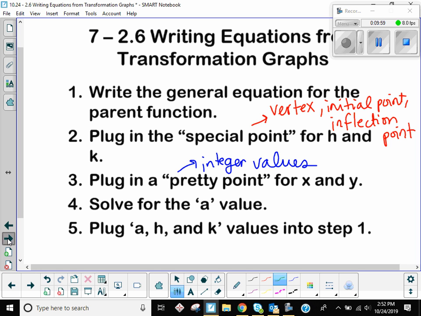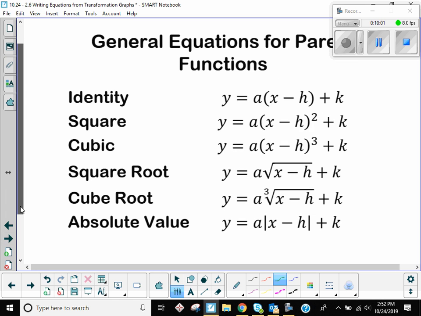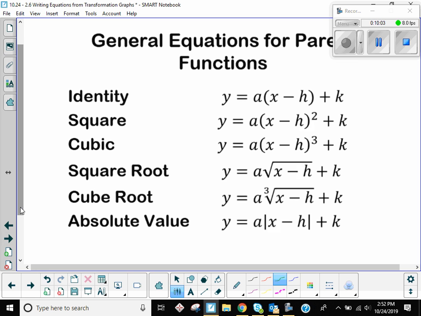I have a list of those for you to the right on your notes. So for example, just looking at the shape of the graph, what's the parent function? Absolute value, okay? So you would start by using this general form for absolute value. Okay, that's step 1.